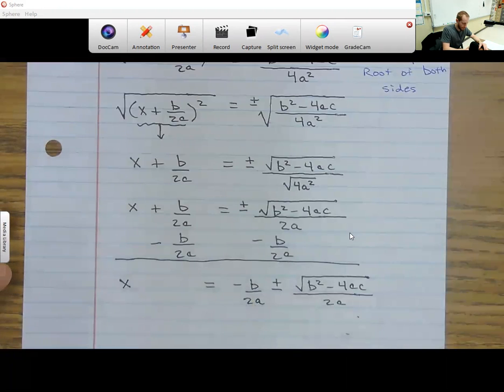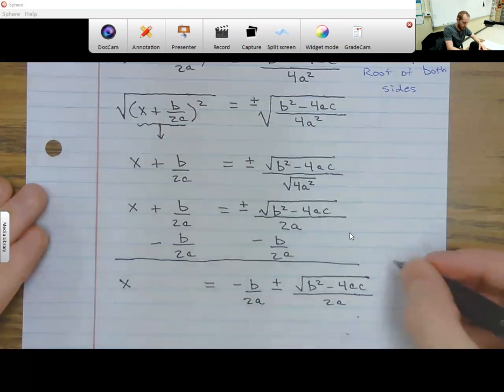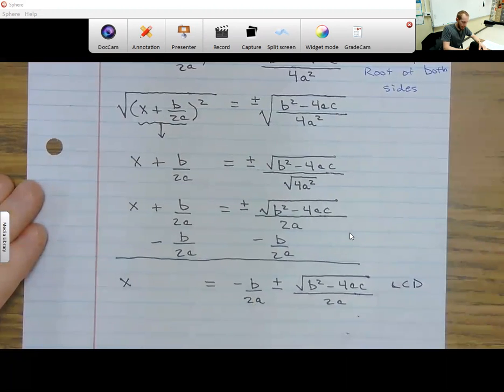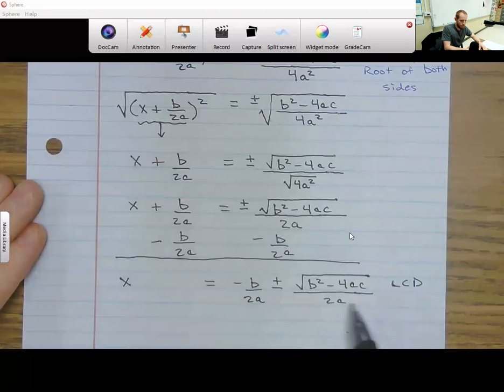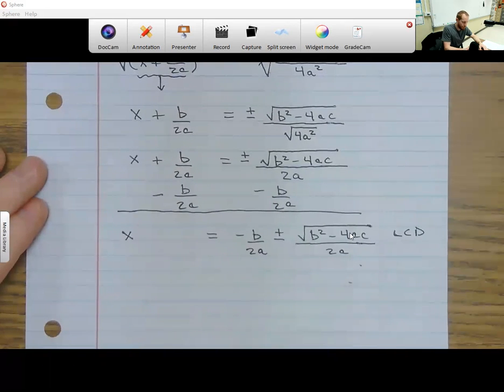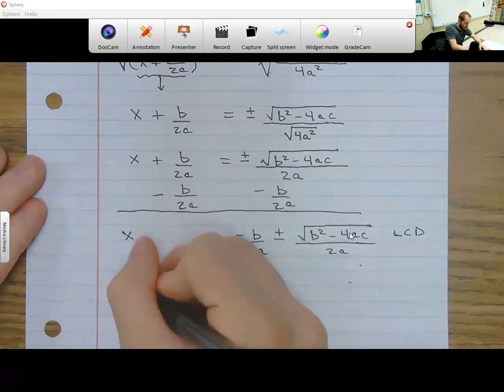Okay? So now, check out what we got down here. We've got a common denominator, right? We've got a least common denominator. And the least common denominator is 2a. So what that means is I can write this whole thing as one fraction, right? So then the final step is we got to write the whole thing as one fraction. So I'm still going to have x on this side.